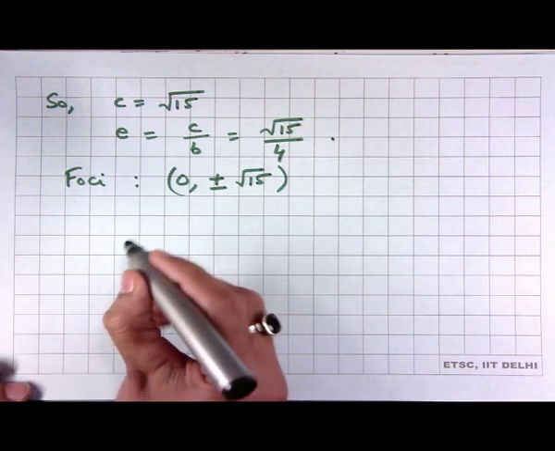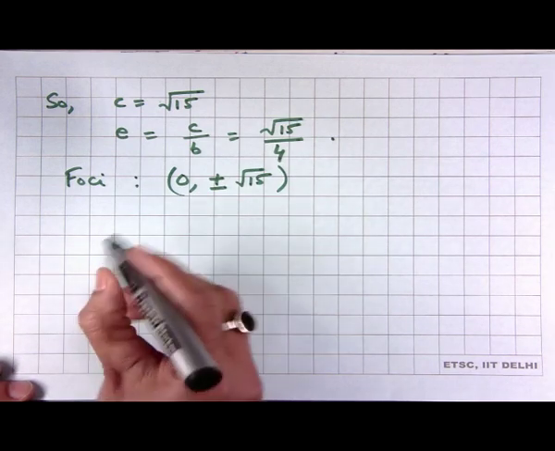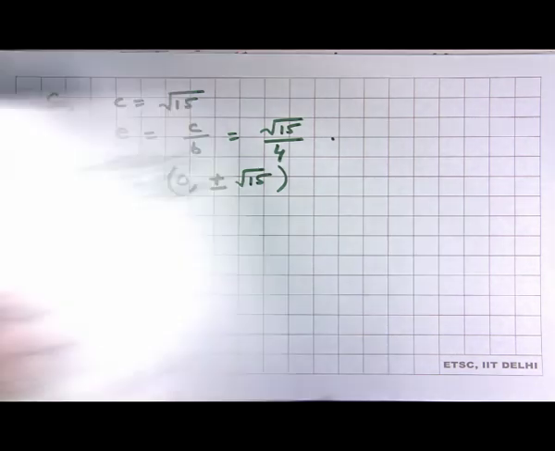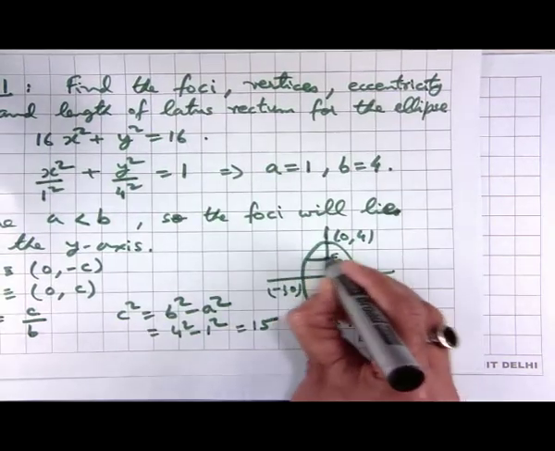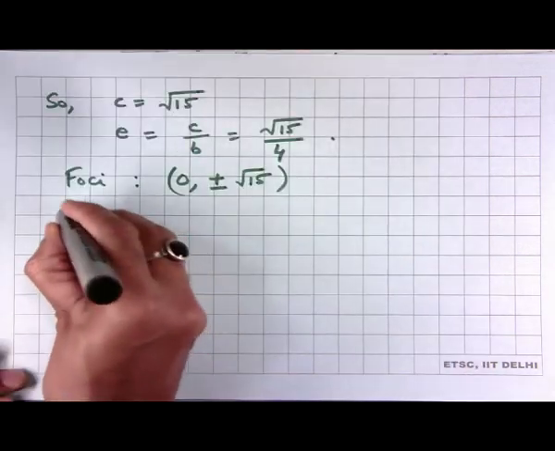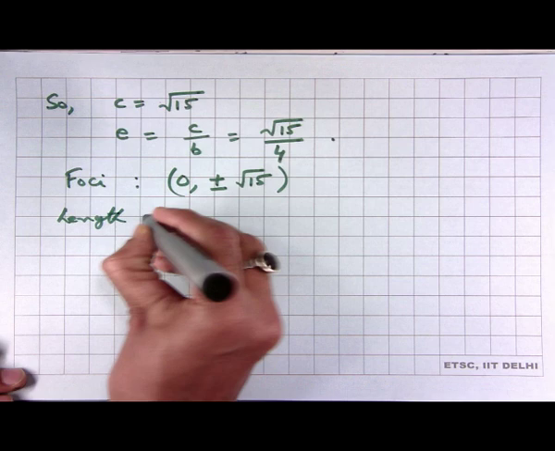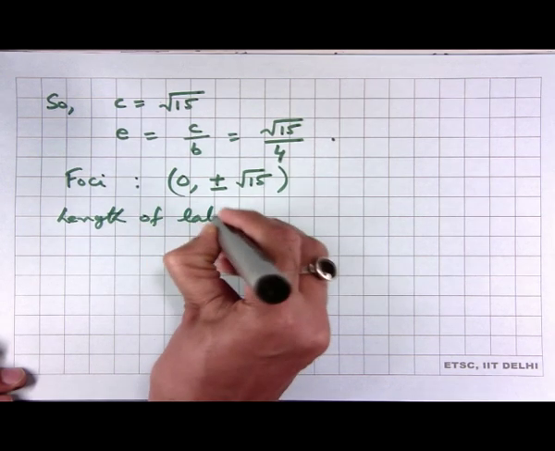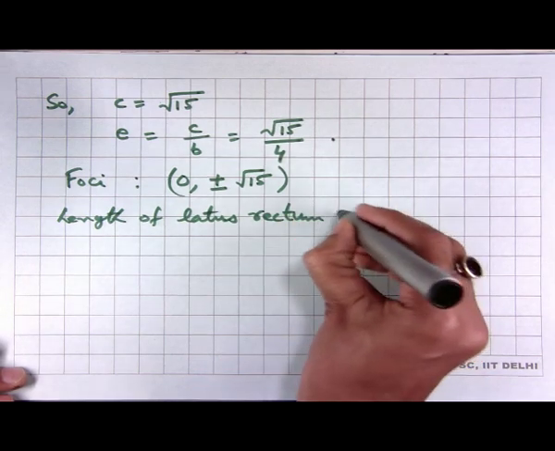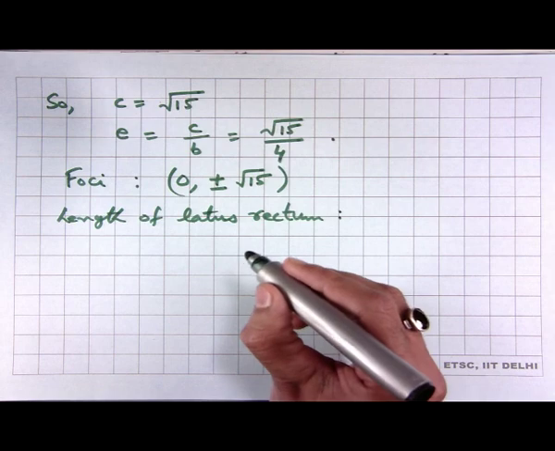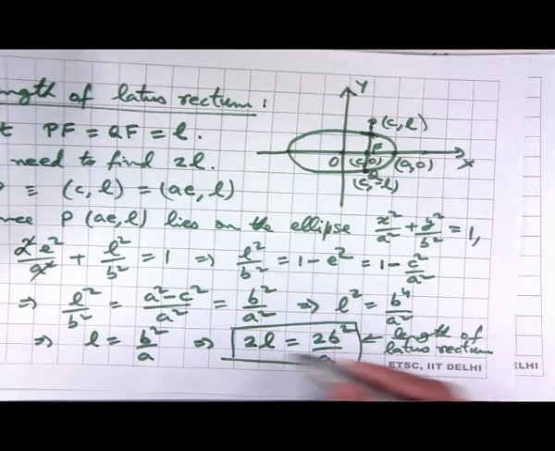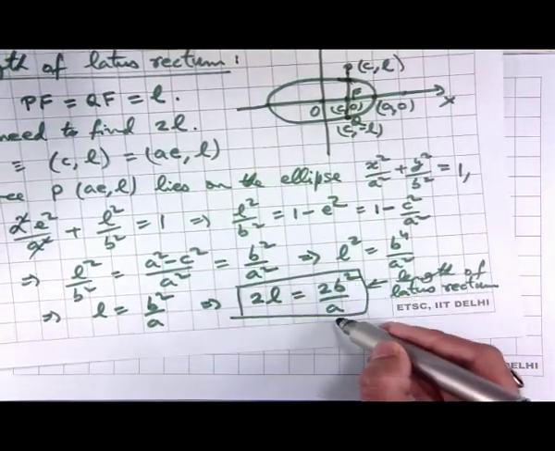And length of latus rectum. So, in this case the latus rectum will be this. So, we derived this formula where the foci were on the x axis and length of latus rectum was 2b²/a.